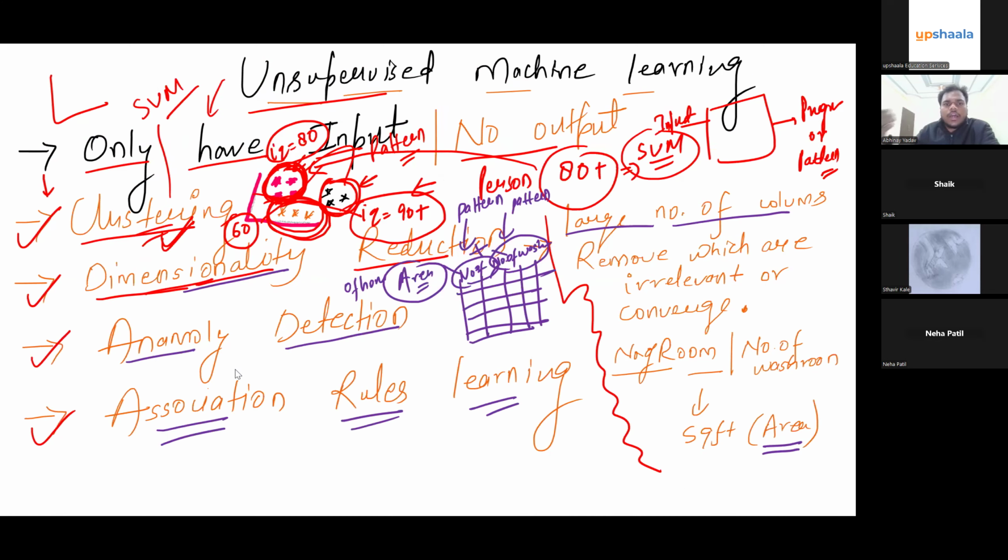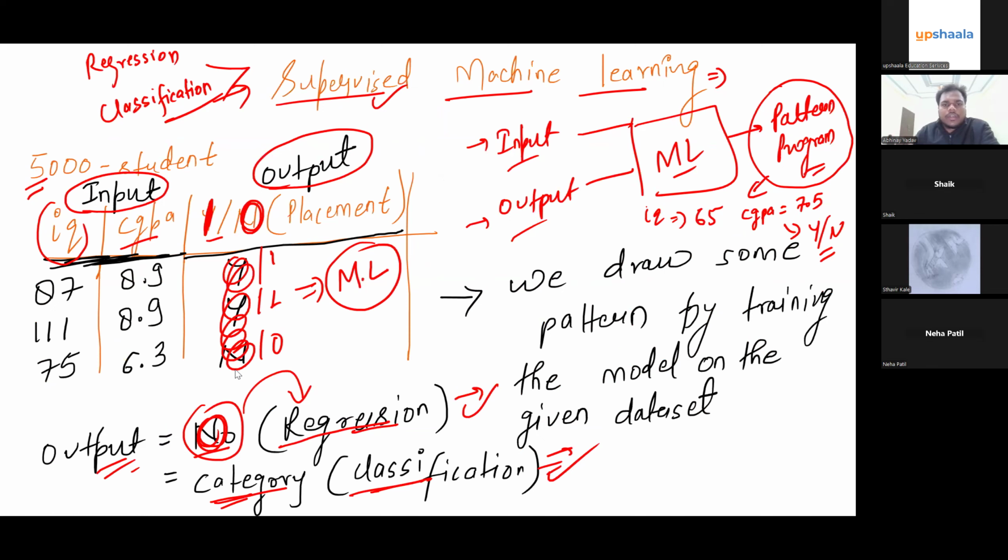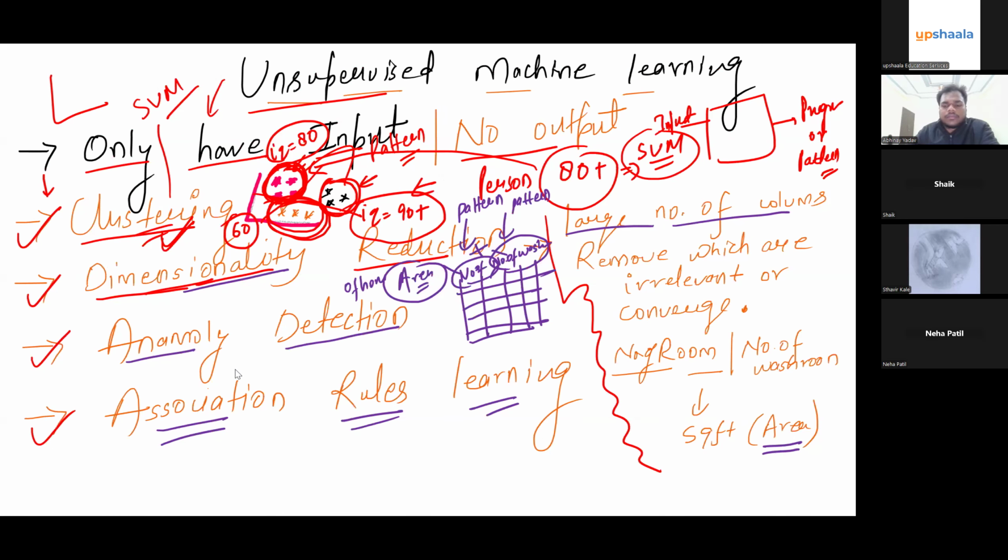Once they get the output, they will jump to supervised machine learning. Everything starts with unsupervised machine learning, which means it is a kind of experimentation, you can say.